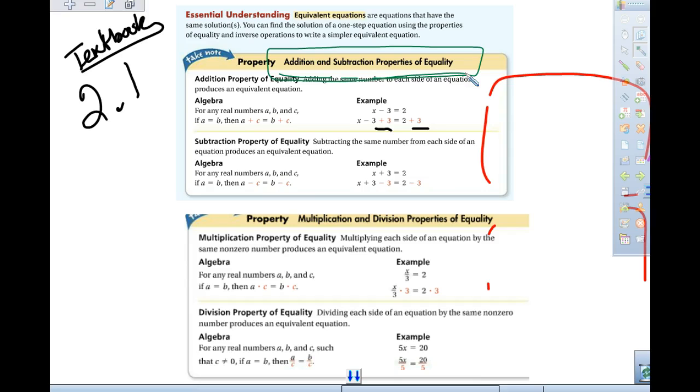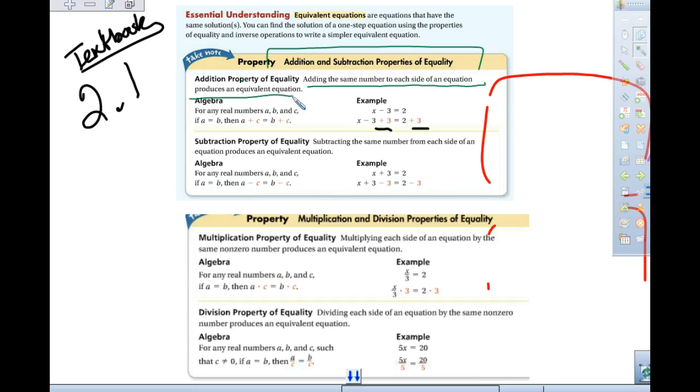So, put properties of equality. You have addition and subtraction property of equality. And this is what the property says. You can add the same number or subtract the same number from both sides of an equation and get an equivalent equation.